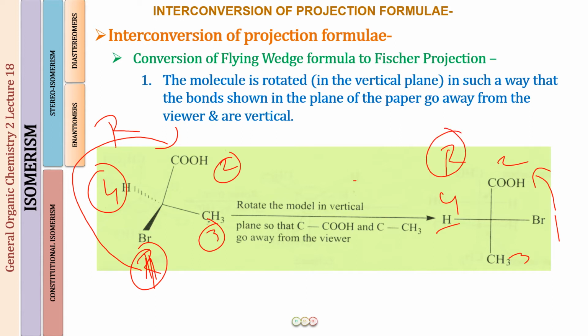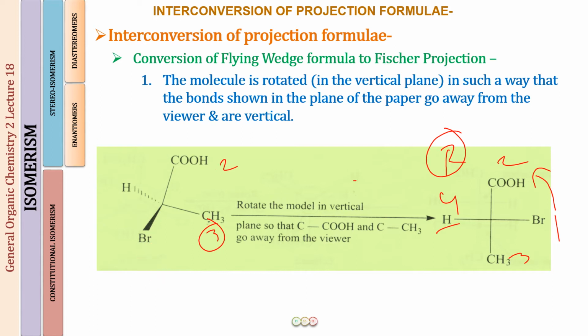If the fourth priority group is present on the vertical line, we let it remain as that. This is again what we have discussed in detail in the lectures on optical isomerism. If you have any doubts, you can go back to those lectures and consult that. Fine. So the configuration of the projections should remain the same. That is very important for you to remember.